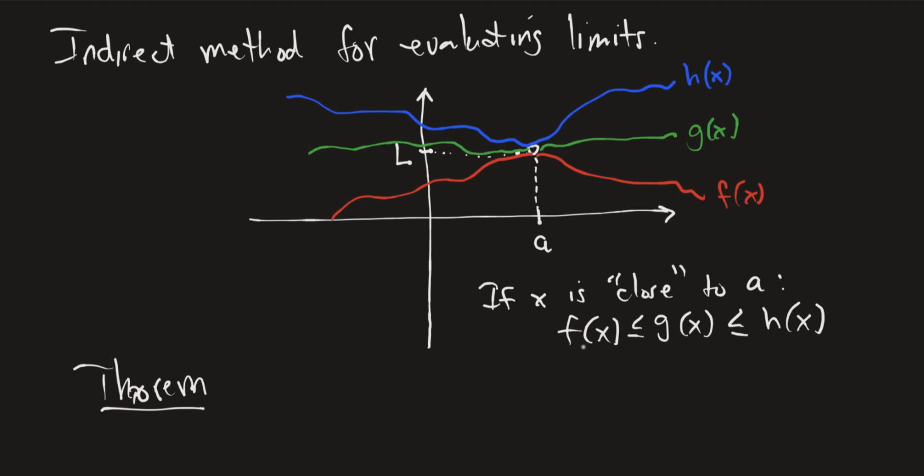Then if we know that f of x approaches L and h of x approaches L, so the function above and the function below approaches the same limit, L, then the function that's in the middle, kind of squeezed between the two, must also approach L. So that's the indirect nature, in that we want to say something about g, but it's easier for us to look at h and f.